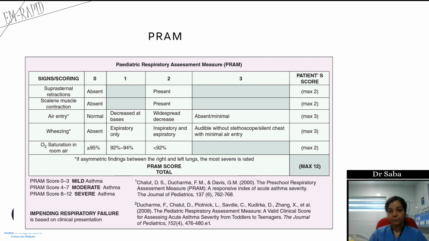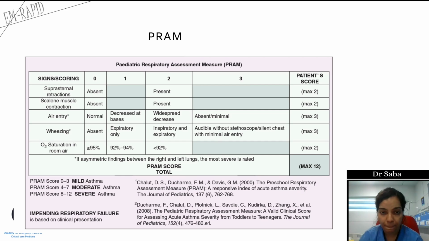Depending on that, it is scored as 0, 1, 2, 3, with the maximum score being 12. So 0 to 3 is mild asthma, 4 to 7 is moderate asthma, and 8 to 12 denotes severe asthma. So PRAM scoring is important, as it will give a hint on treatment plan and our disposition plan.